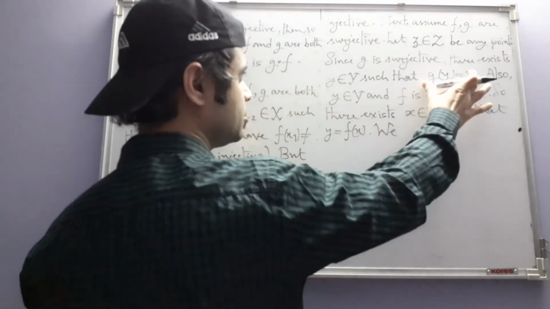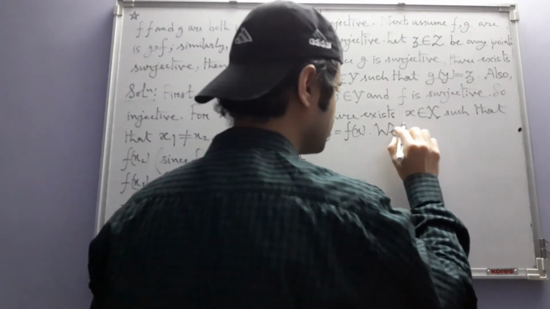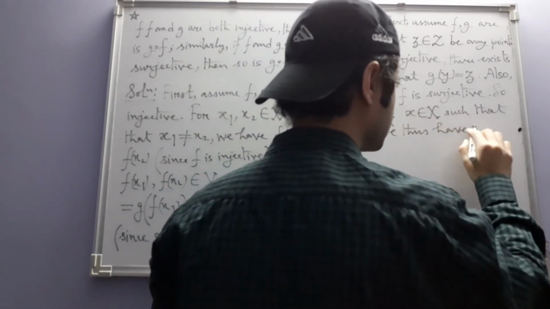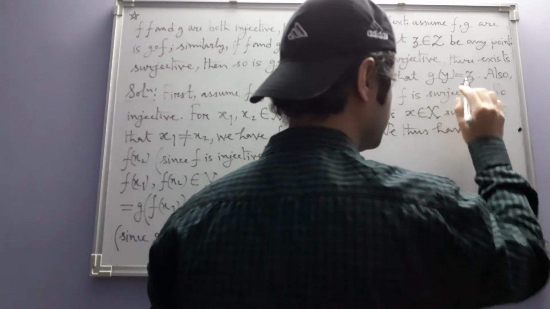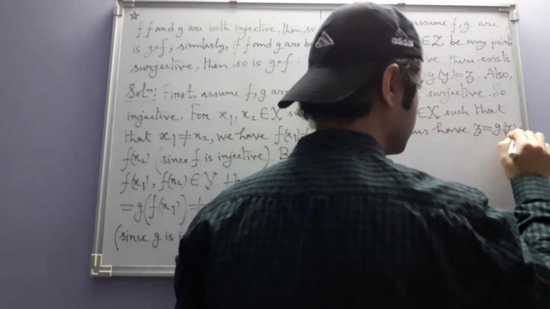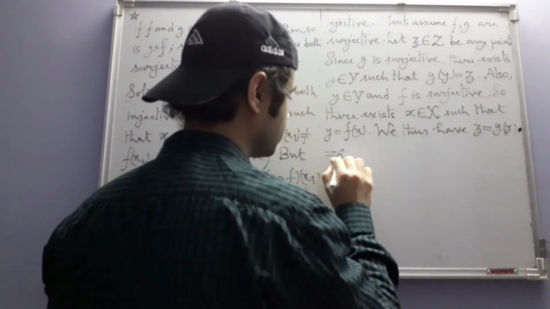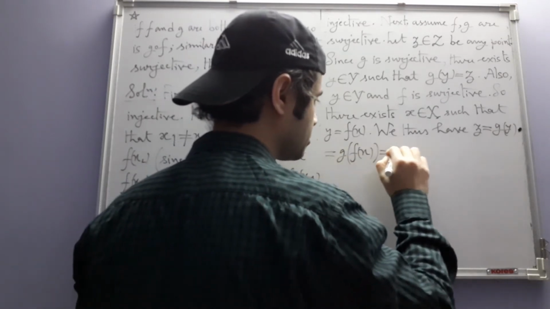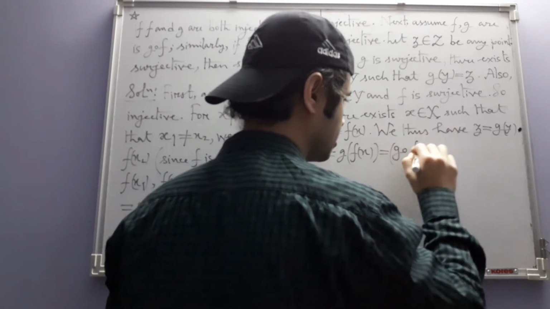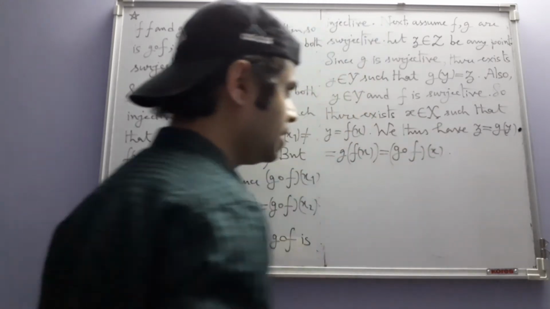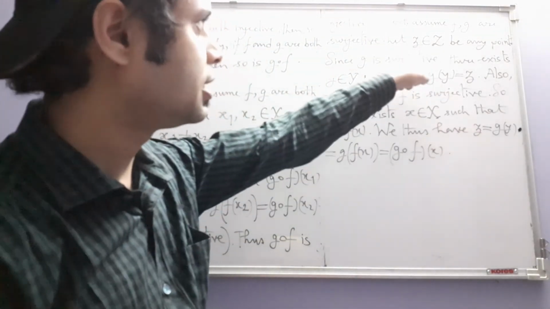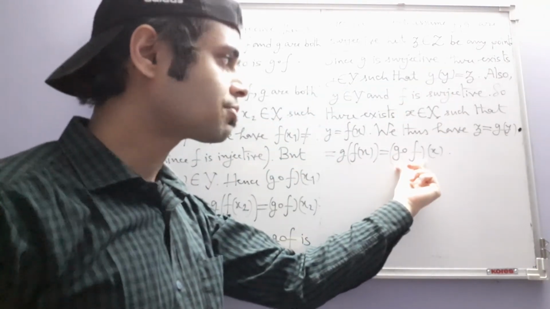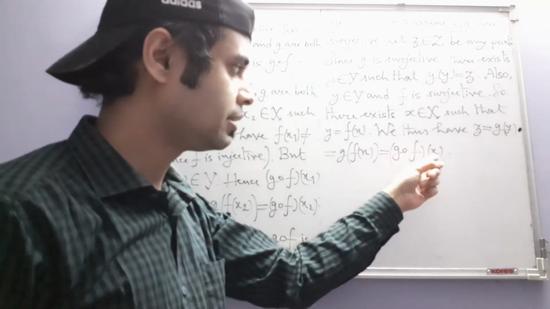Now we combine these two equations. We thus have z equal to g(y). Now in place of y we can write f(x). So this becomes g composition f of x. So we have shown that this arbitrary element in Z appears as the output of this function g composition f when the input is x.